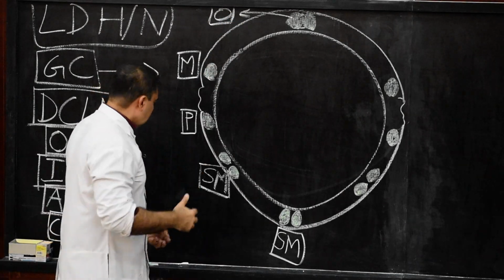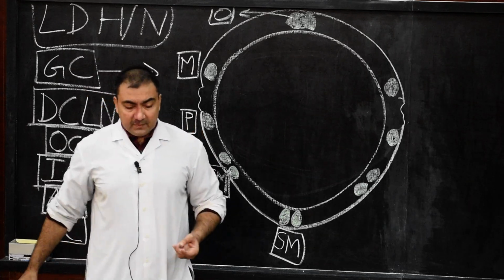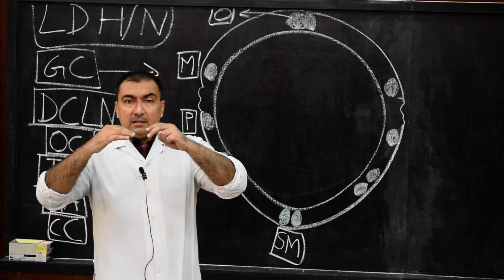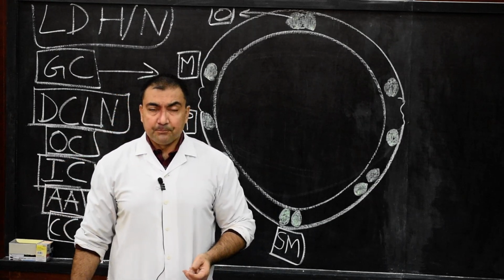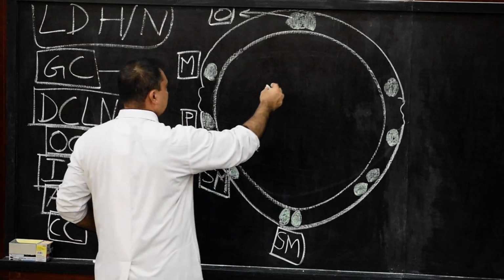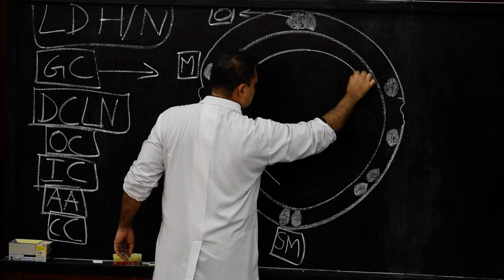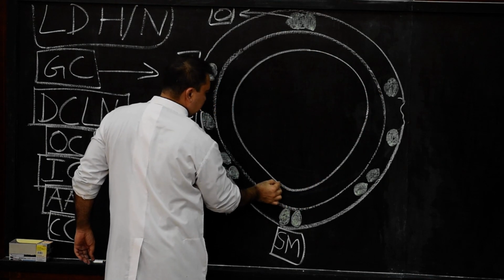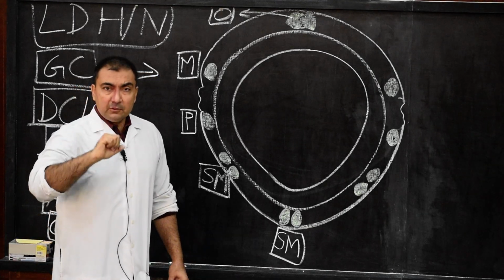Now the inner ring. This inner ring of lymph nodes is located at the upper part of the alimentary and respiratory passages. Once again, after completing this inner ring, I can show these groups of lymph nodes.